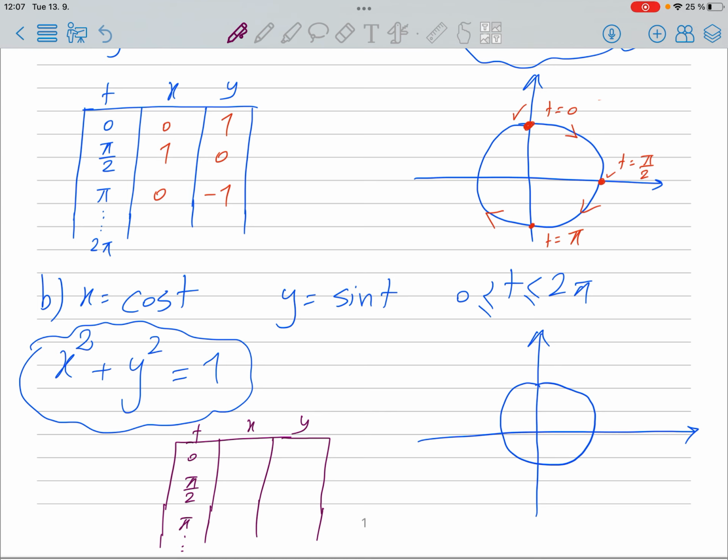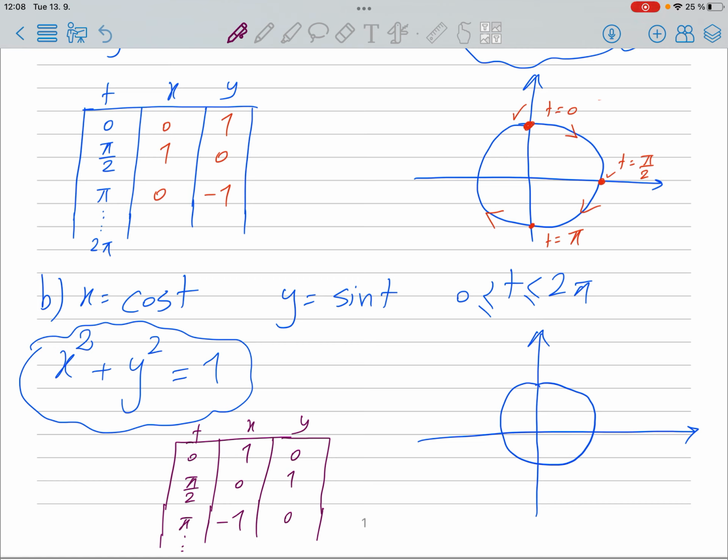If t is equal to 0, then x is equal to 1 and y is 0, and for pi over 2, x is equal to 0 and y is equal to 1, and for t equal to pi, x is minus 1 and y is equal to 0.